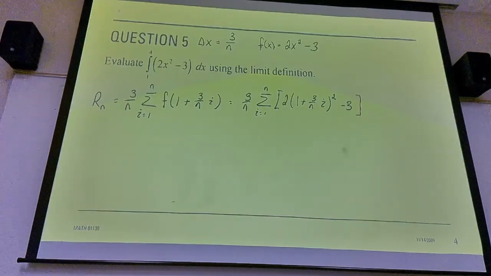We have to expand out a squared. So it's going to be 1 squared times 2 minus 3.